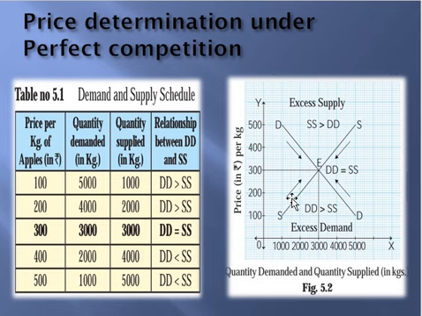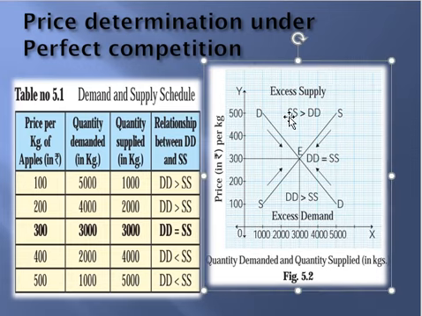On the other hand, the supply was only 1000, but the quantity people were ready to buy was 5000. So here the demand was excessive. This point is the supply. This point, this much is the amount people want to purchase, but the supply was less. Hence, it was the gap. This space is of the excessive demand, and this space is of the excessive supply.